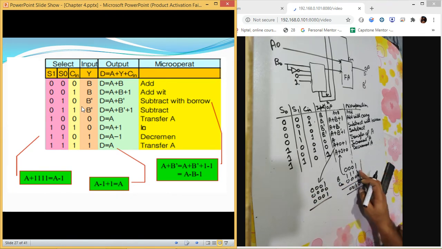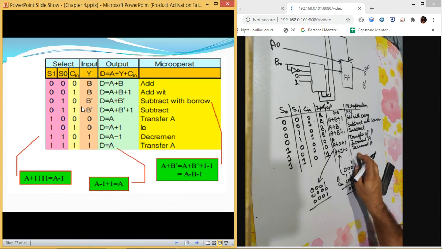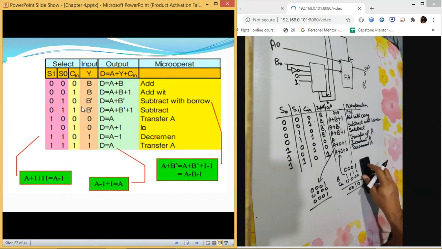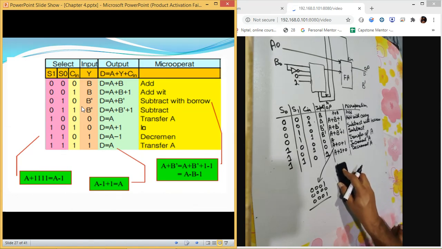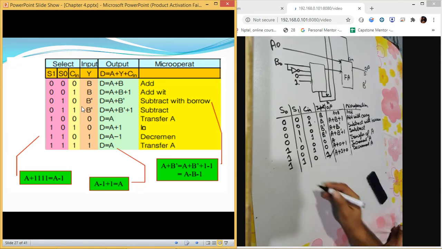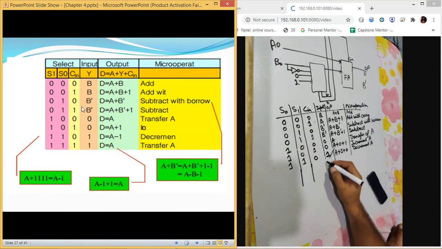In this case, we are subtracting a value from it. So there is a difference between these two operations. Please make a note of this. And if you are not able to understand, ask again: what is decrement of A and how is it performed? Now we have the last operation remaining.